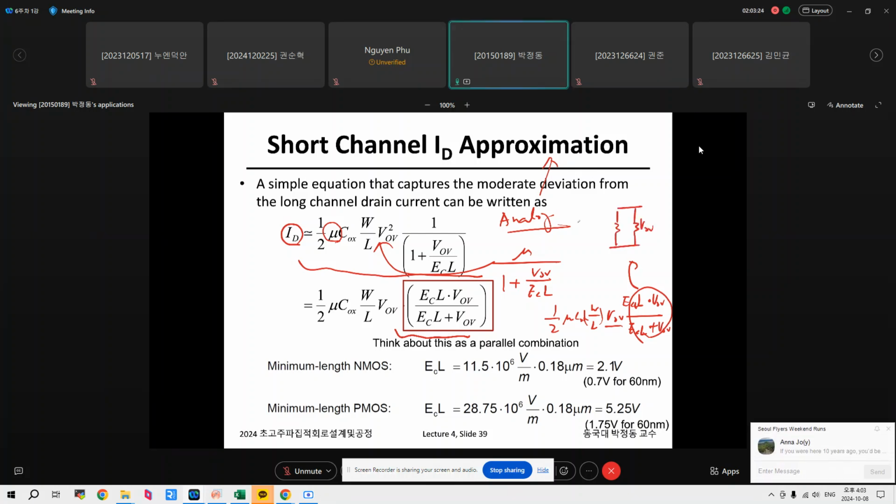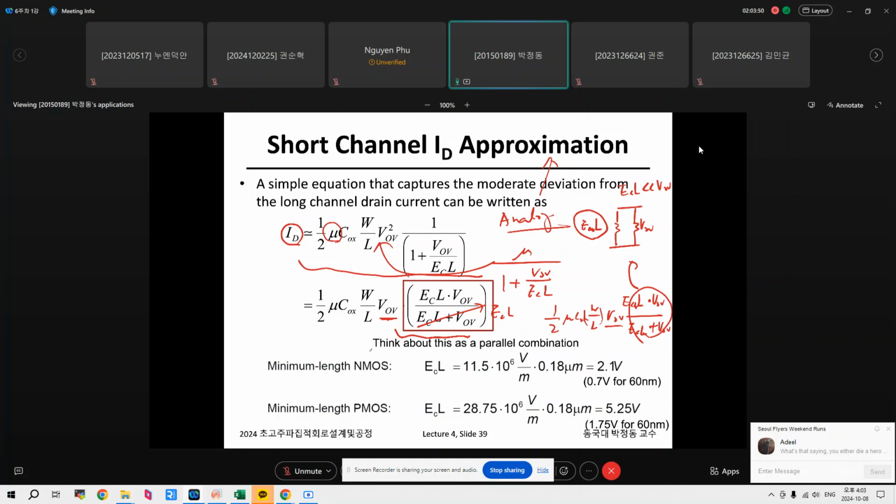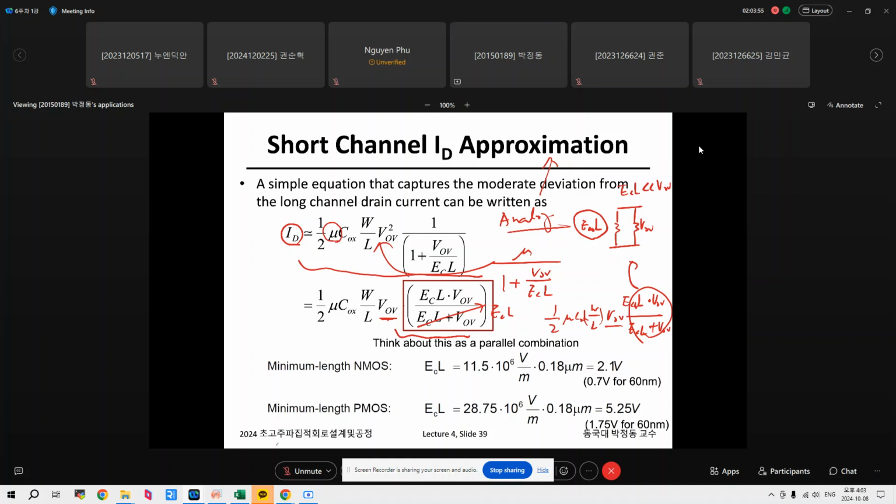So if ECL is smaller than V over, this dominates, and it is only a function of V over, the overdrive voltage. So you can still include the effect of velocity saturation in the current equation.